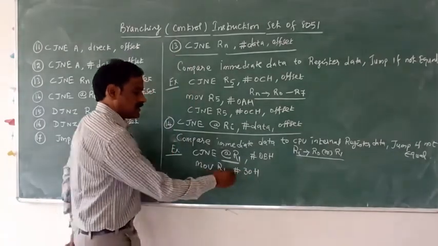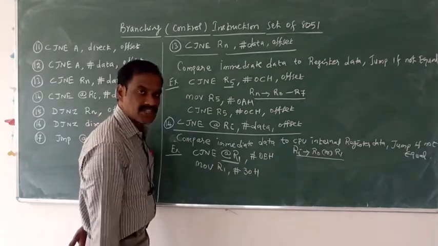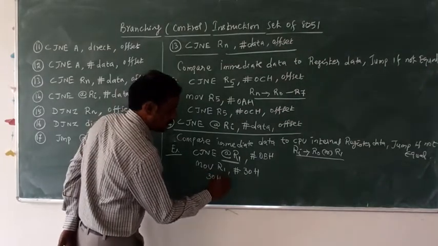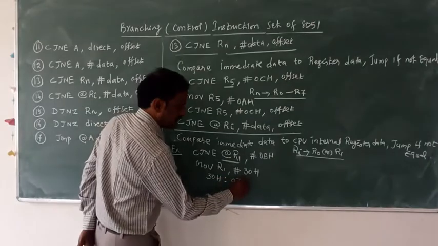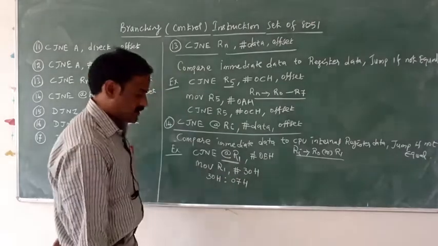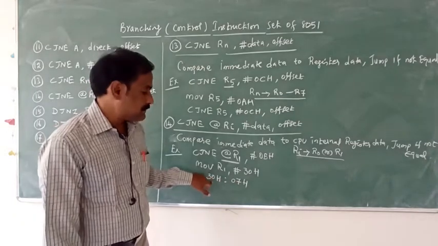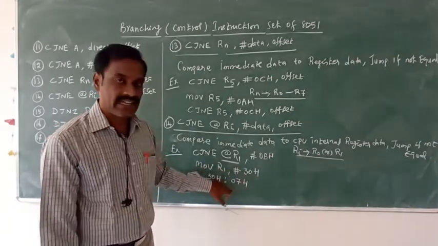Now this is the address, and the address will be initialized in internal register R1. In this memory, suppose the data is 07H. So the data is not directly available.